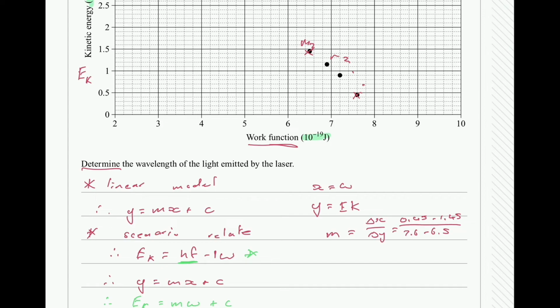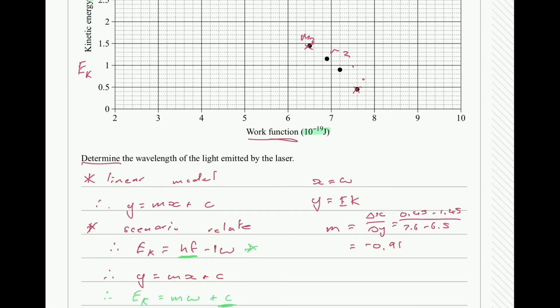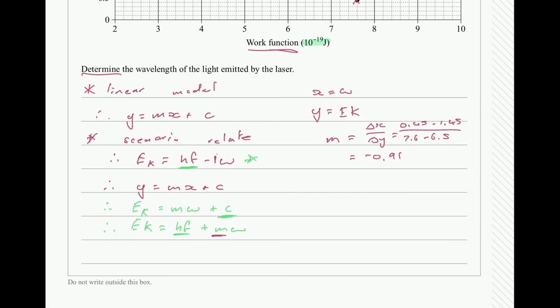And I'm not going to put the times 10 to the negative 19 in each of these values because it's dividing through, so it will end up cancelling out. What we end up getting for our m is a value of negative 0.91. Now that is very close to our negative 1 gradient that we see here in our original photoelectric effect formula. So I'm happy to assume that m is equal to negative 1.